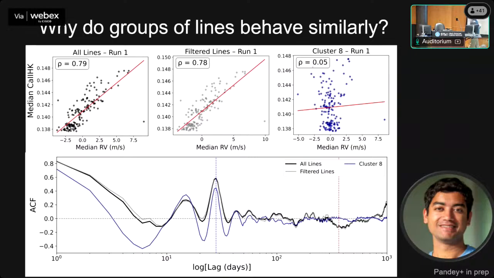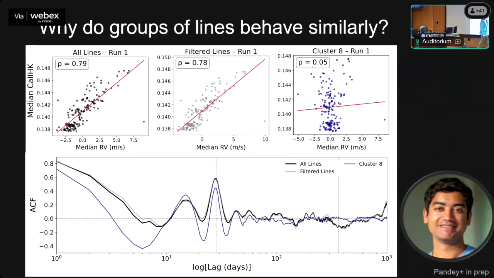So here we picked a couple examples where we look at the radial velocity and the calcium index for an observation. And for each line, there's a point showing where this velocity and calcium index go together. You see a fairly strong correlation, but a lot of scatter. If I just take all the lines, there's the pre-fire data.